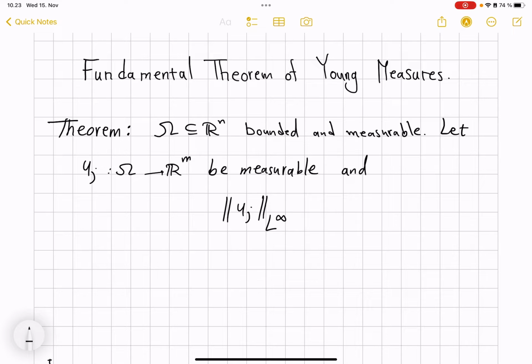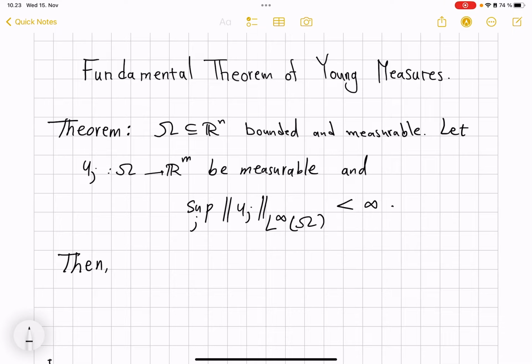Because we're talking about measurable functions, we use the fancier L infinity notation. So this should be bounded, and also uniformly over all j, so this norm is not infinity. So you have a bounded sequence of measurable functions on some domain.